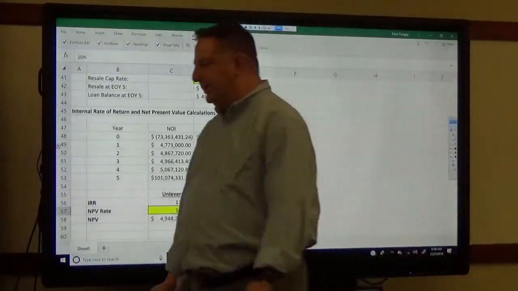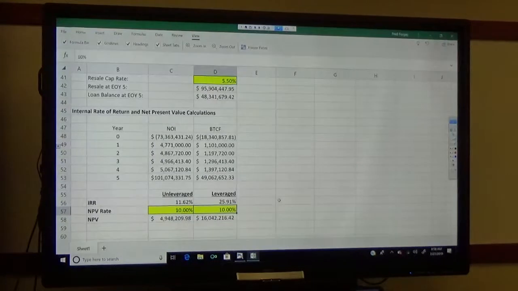As we raise this hurdle rate to, let's say, 15%, we have less cash. So we go from a 10% hurdle rate, we get more cash. We go to a 15% hurdle rate, we get less cash. We're giving you your 15%, but you have less cash left over.